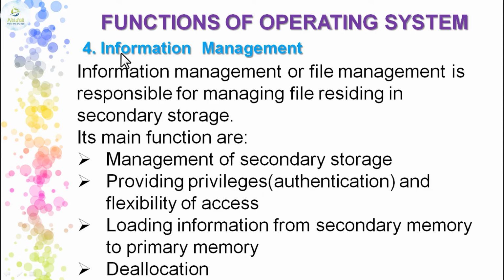All this is nothing but the management which involves the information system. So information management, or file management as we can also call it, is the responsibility of managing the files that are stored in the computer. It can be stored in the secondary storage devices or the primary storage devices. Basically the files which are stored permanently are stored in the secondary storage device. The temporary area will be available in the primary memory.